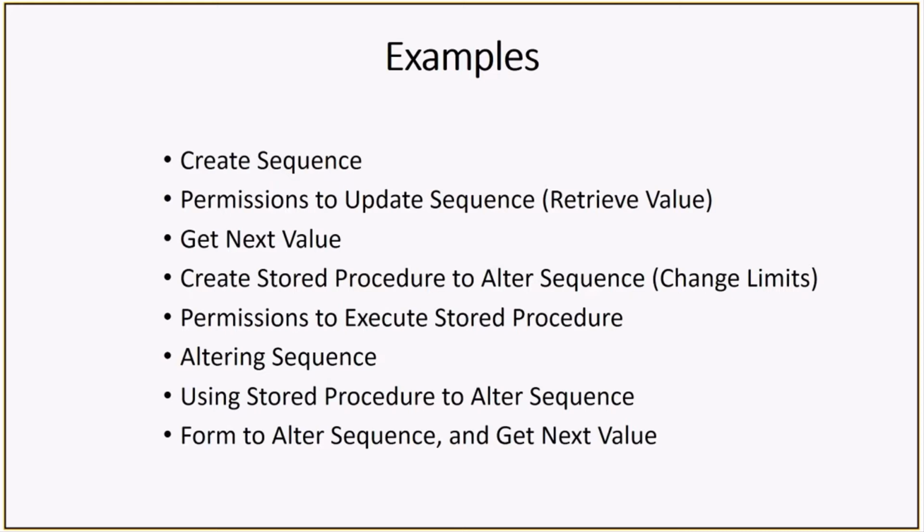And I'll show you how to grant permissions to execute the stored procedure. And we'll also see how to alter a sequence. And we will also use the stored procedure we created to alter a sequence. And then finally, we will look into Access, and I'll show you a form to alter a sequence and get the next value.